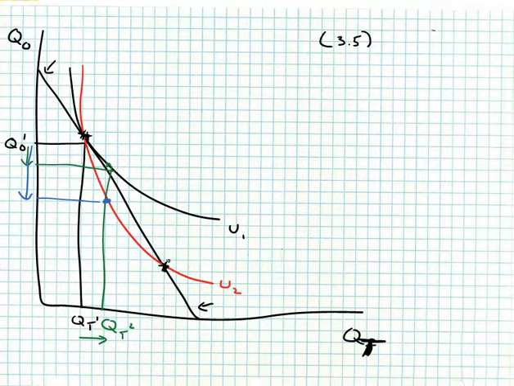This household could be on a higher red indifference curve, representing these red preferences, that represents a different set of consumption possibilities.